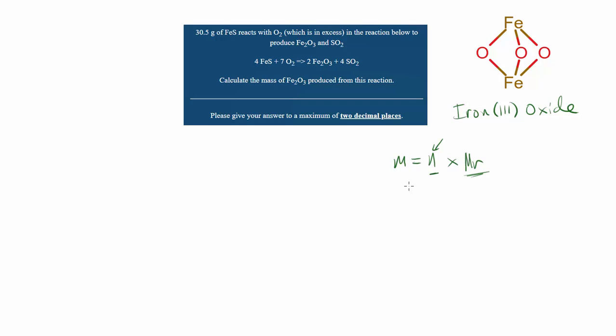So in terms of working out the moles, we're going to turn our attention to the information we've been provided, which is about the iron sulfide, right? We've been told a mass.